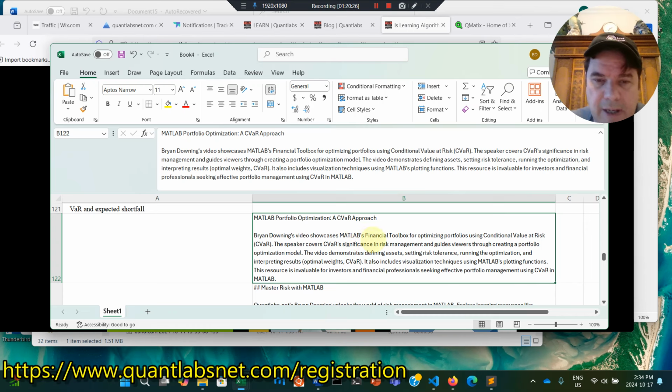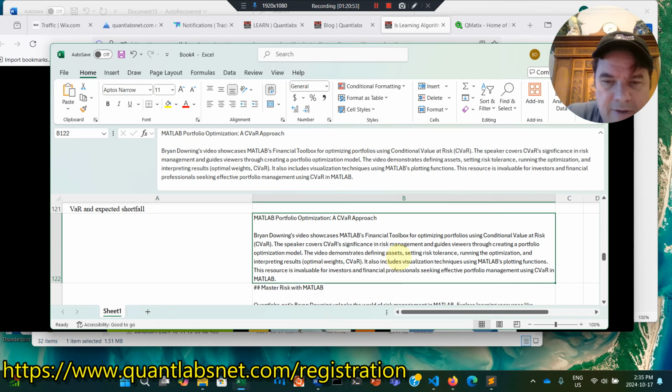So here we're using the MATLAB financial toolbox, optimizing portfolios using the conditional value at risk, CVaR, its significance in risk management, and guiding viewers through creating a portfolio optimization model using MATLAB. And again, knowing about this, you could probably go out on GitHub and find something equivalent in, I don't know, Python as an example.